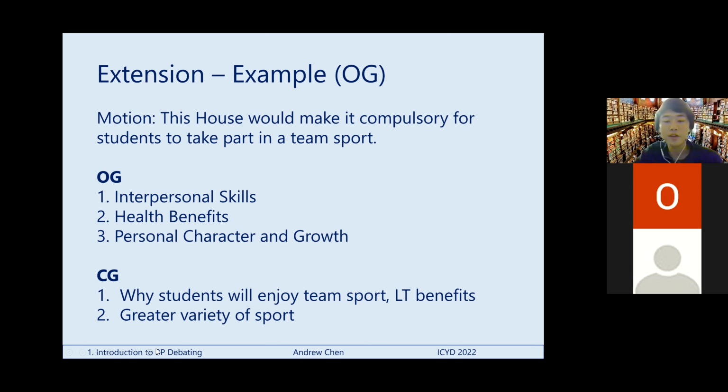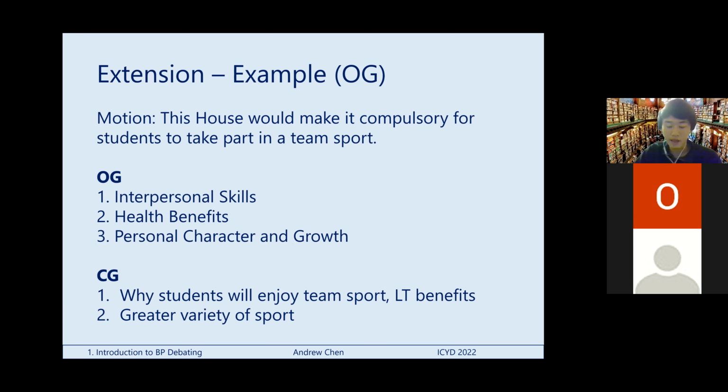And you can come up with some reasons for that, such as how it's fun, how they'll be doing it with their friends, how people will be encouraging, and then what the long-term benefits of that are going to be, specifically that because people enjoy it, they're going to keep doing team sport, which then means that they get all of these interpersonal skills, health benefits, and so on, not just when they're a child, but as they become adults for the rest of their lives.